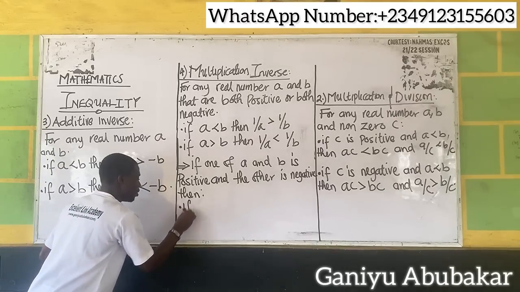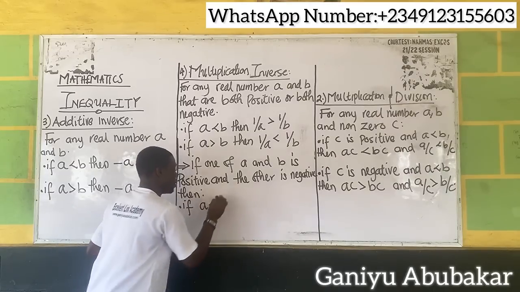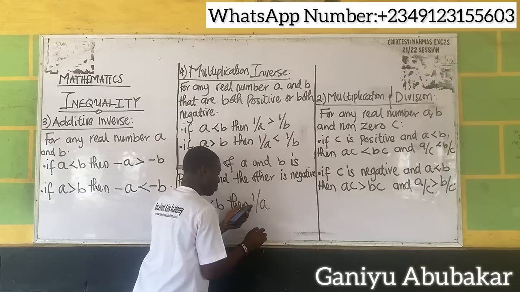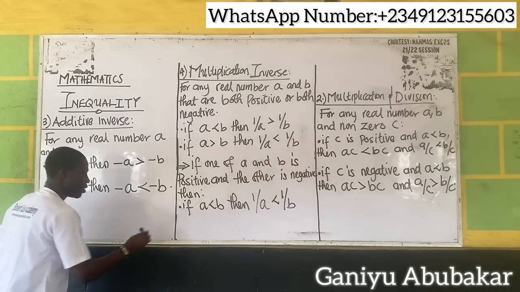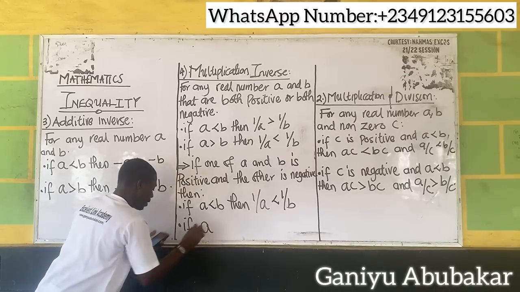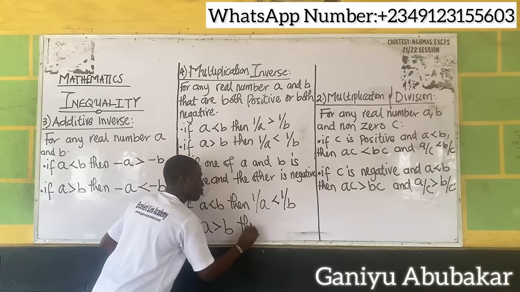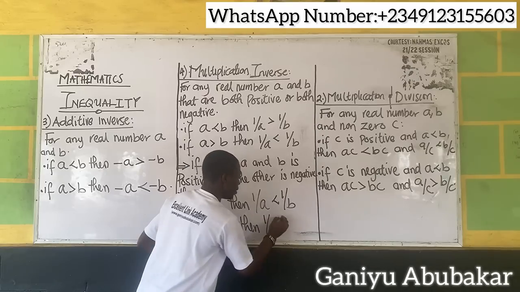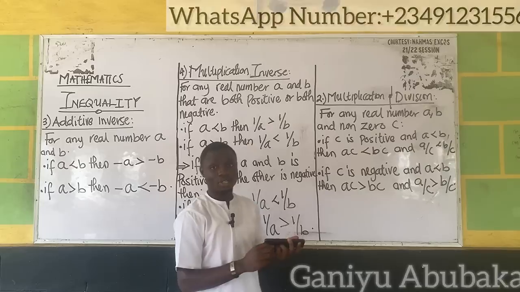If A is less than B, then I have to use 1 over A less than 1 over B. The second concept to note is that if A is greater than B, then 1 over A is greater than 1 over B.